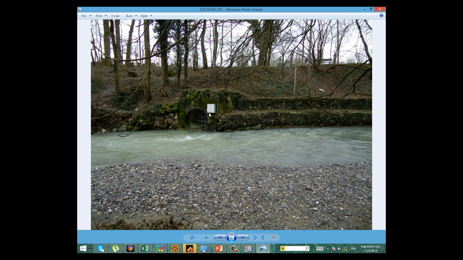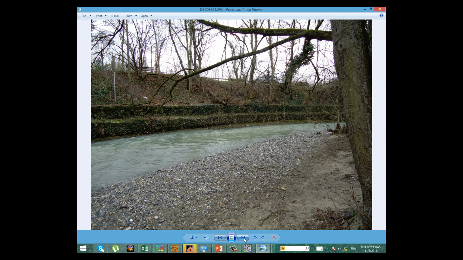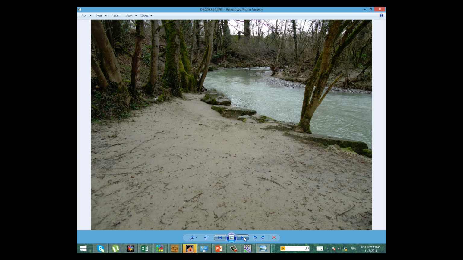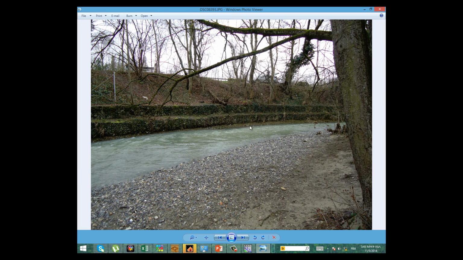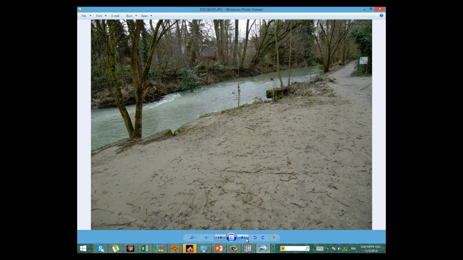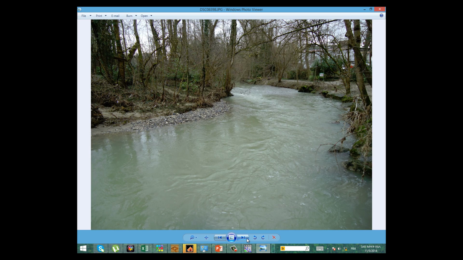Because of the vortex movement of the flow, the sediment is eroded from one side and deposited on the other side. This happens in natural rivers, so it's good to have protection like this gabion.